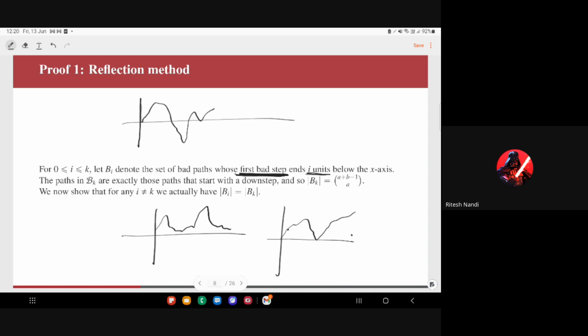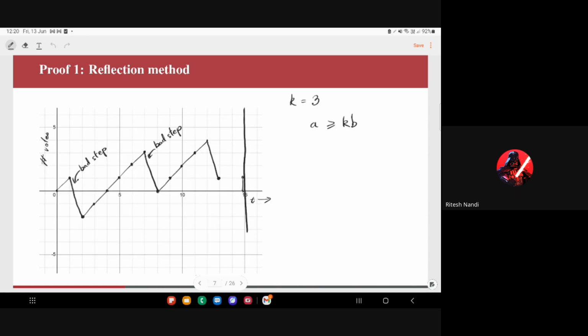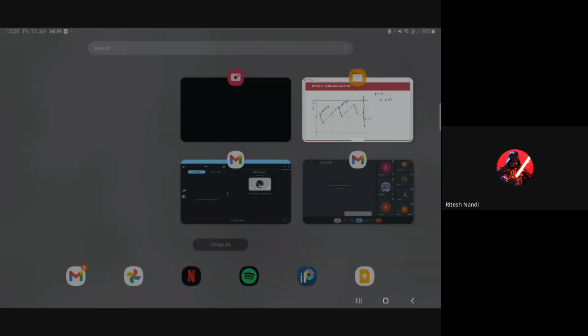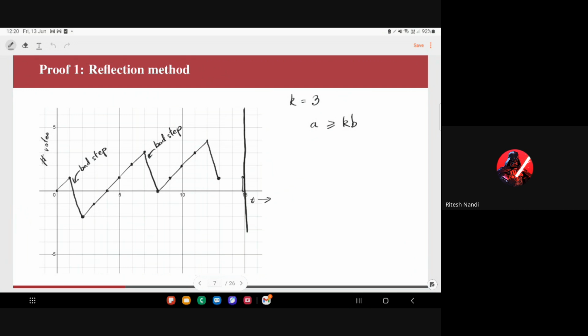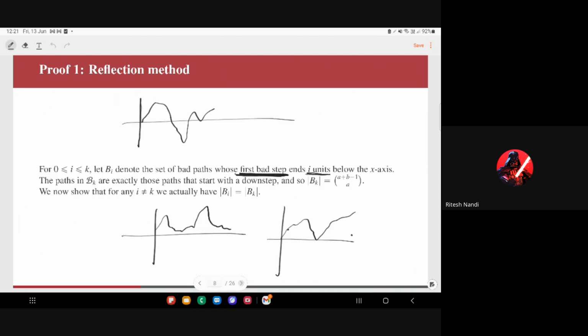The paths in B_k are exactly those paths that start with a down step. Why? Because for a path to be k units below the graph at its first bad step would mean that there have been no votes for A, so the starting point would have to be the origin, right? So B_k would be those paths that start with a down step.